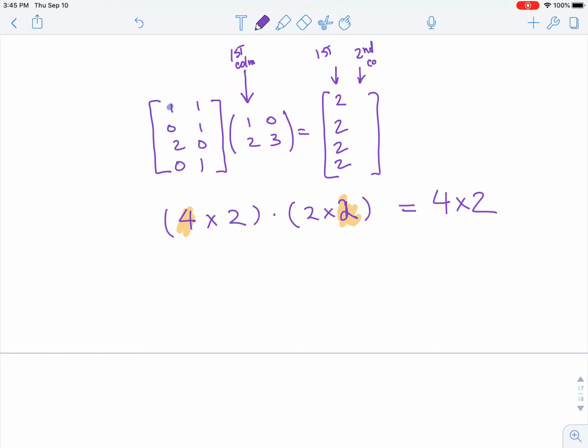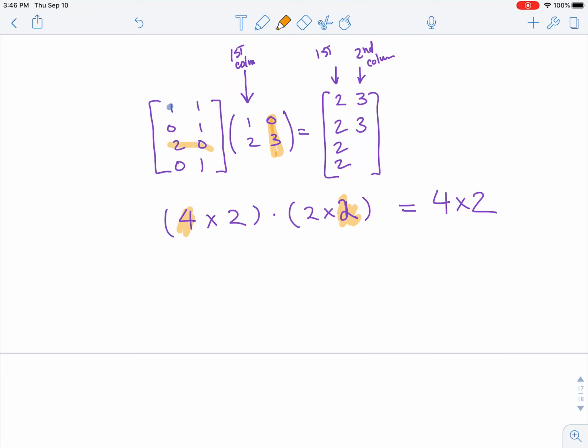If I want the second column, then I'm going to do exactly the same process, but instead of using the first column of this matrix, I'm going to use the second one. So if I do that, I'm going to get 3. If I multiply this one and this one, I'm going to get 3.